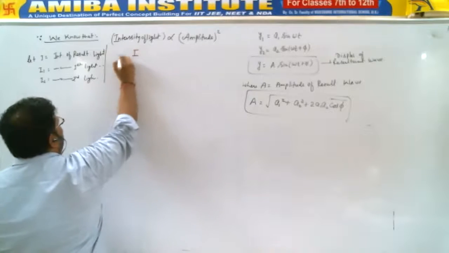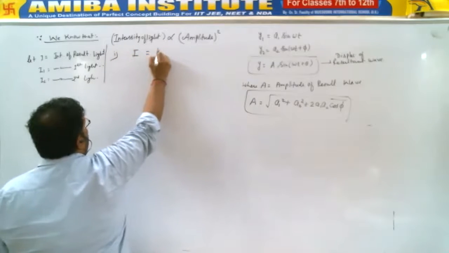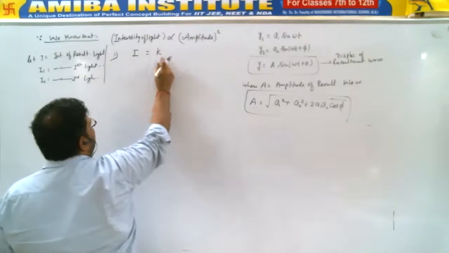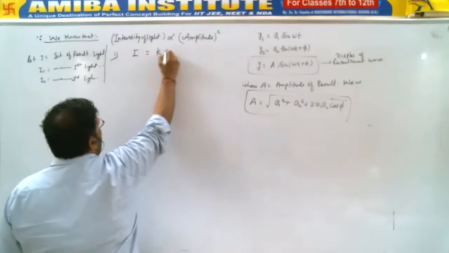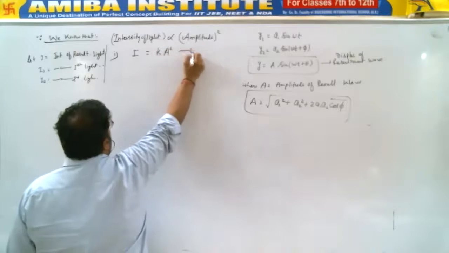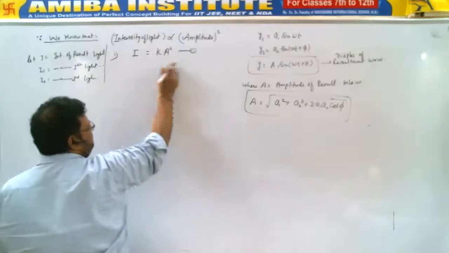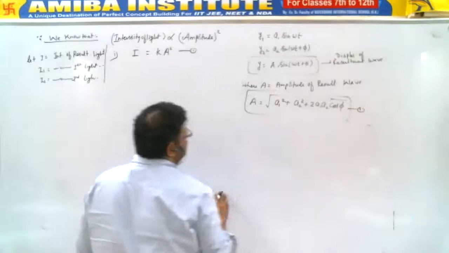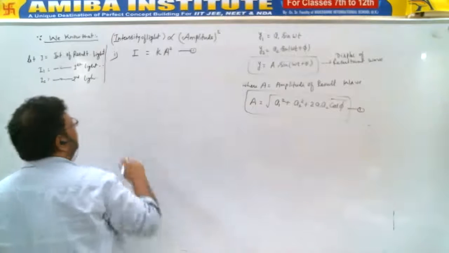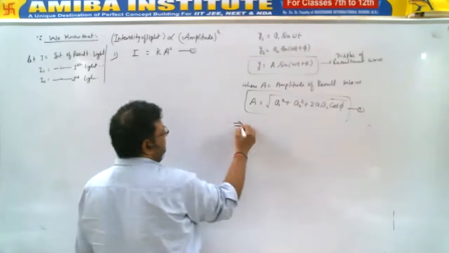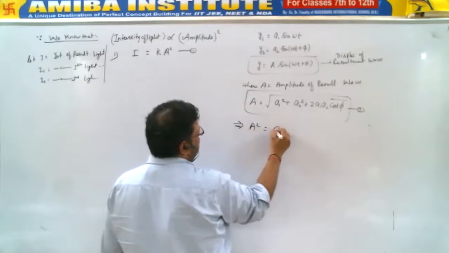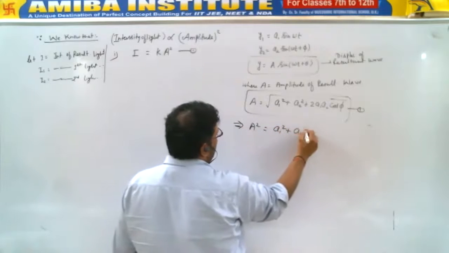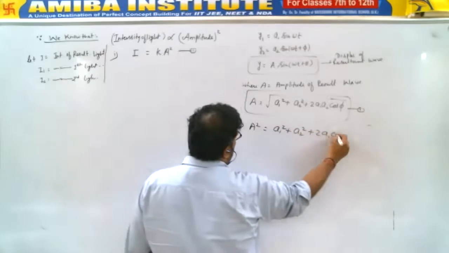Based on this data, whenever the proportionality sign is removed, some constant comes. So let's suppose it is K, and for the resultant with respect to amplitude capital A square, so I equals K A square, equation 1. And this implies that A square is equal to A1 square plus A2 square plus 2 A1 A2 cos phi.